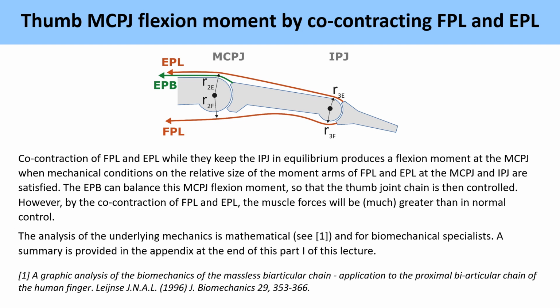The EPB can balance this MCP joint flexion moment so that the thumb joint is then controlled. However, by the co-contraction of FPL and EPL, the muscle forces will be much greater than in normal control. The analysis of the underlying mechanics is mathematical and for biomechanical specialists. A summary is provided in the appendix at the end of this part 1 of this lecture.